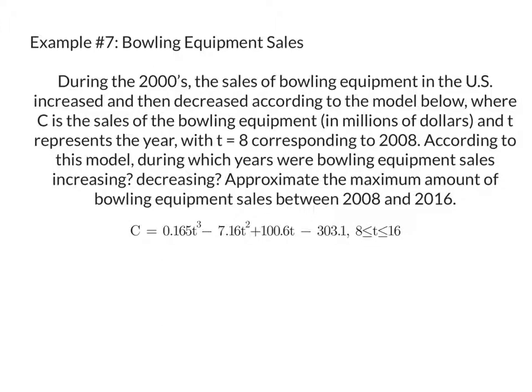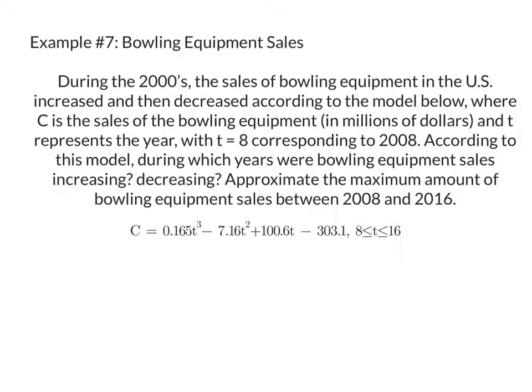T in our case can be x on the calculator, doesn't matter. Use the caret symbol to be able to do cubed, minus 7.16 x squared, or t squared, plus 100.6 t, or x in the calculator, and then minus 303.1, and then graph it.